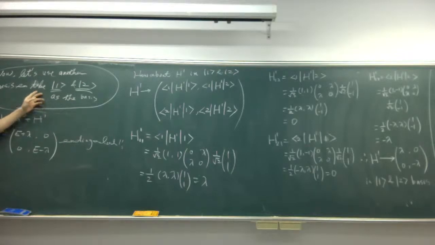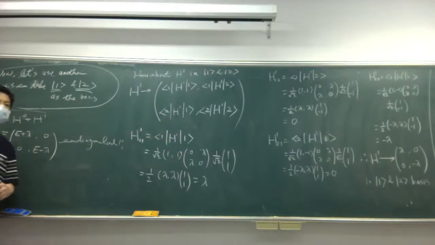If I choose a good basis, then my Hamiltonian will be diagonalized, and everything is easy. So the difficult part is how to choose this good basis. All right, in the degenerate case.